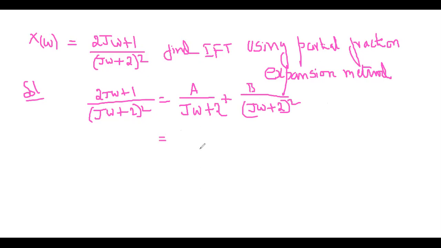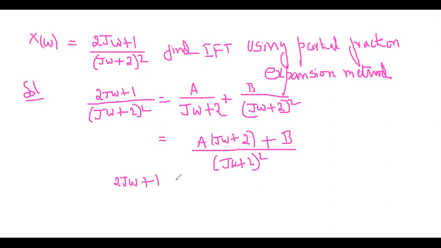Now take the LCM, which is j omega plus 2 whole square: a into j omega plus 2, plus b, equal to 2j omega plus 1 over j omega plus 2 whole square. So the equation becomes 2j omega plus 1 is equal to a into j omega plus 2 plus b.